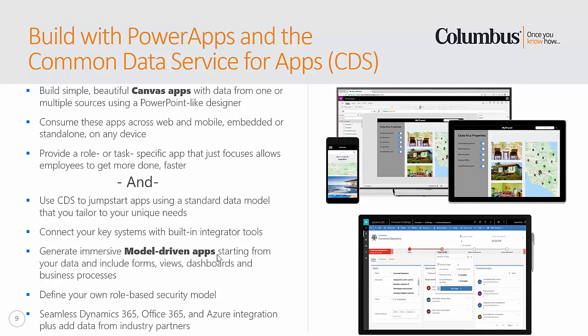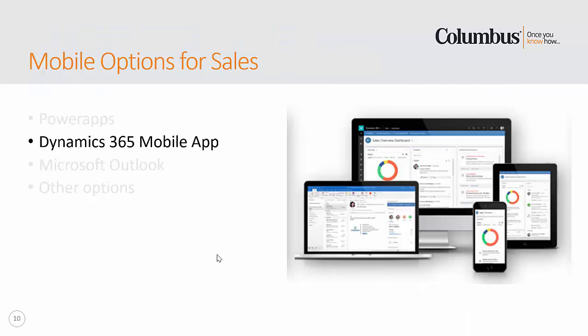And then the other one is the model-driven applications. And this is actually the development tool that's used for Dynamics 365 for Sales. So Power Apps has two development capabilities. One is to change Dynamics 365 for Sales itself. And then the other one gives you these immersive mobile applications that are available to you.